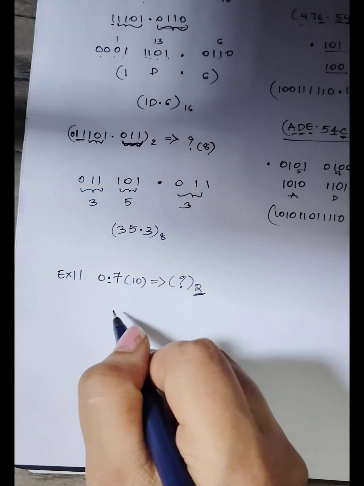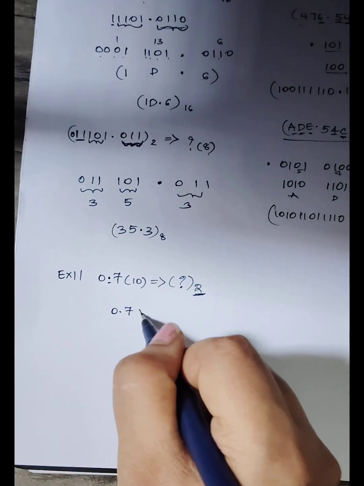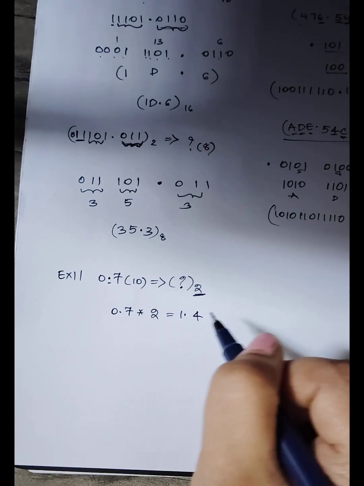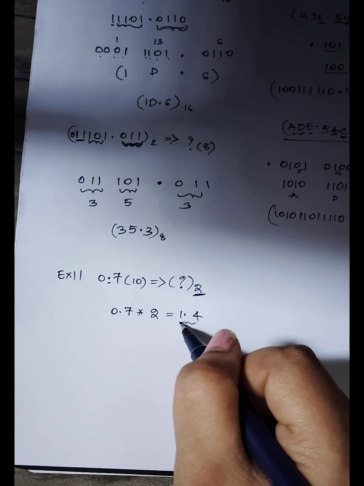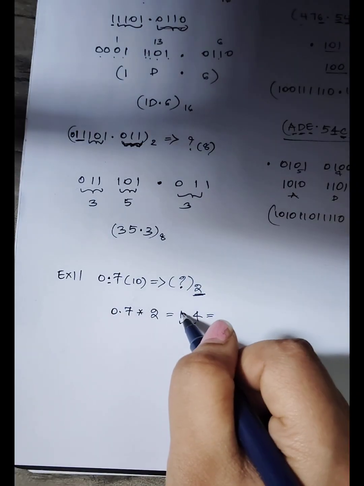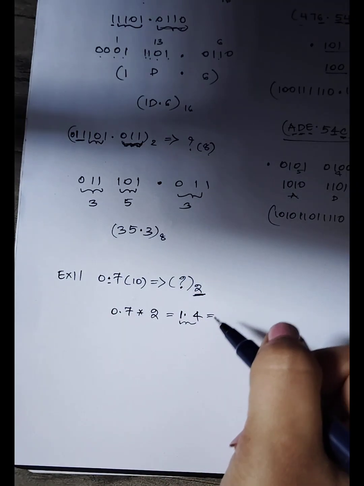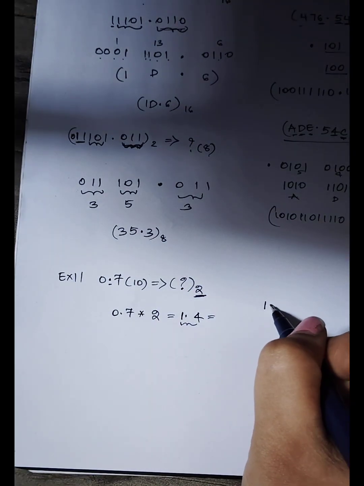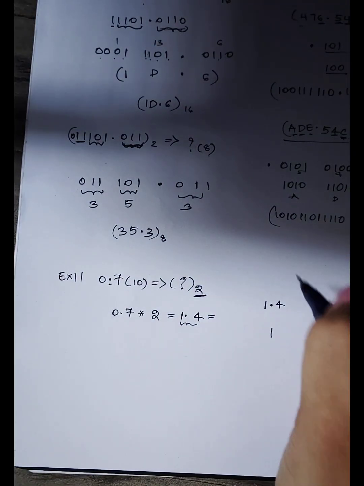So I will show it now. If you multiply 0.7 with 2, you will get 1.4. You didn't get a whole number. So you need to take the floor value or ceil value. Floor value means, for example, 1.4 is between 1 and 2.